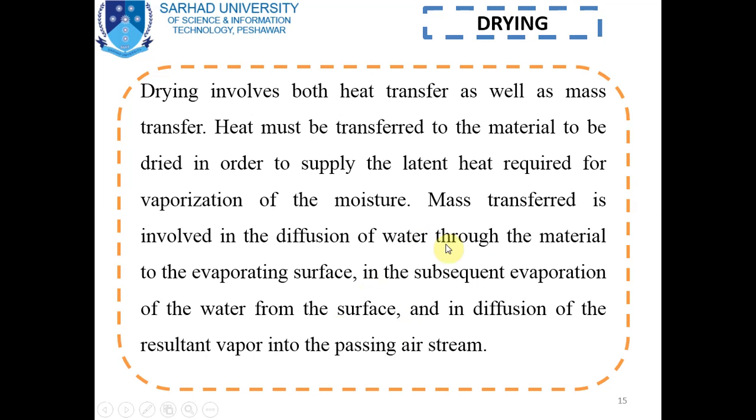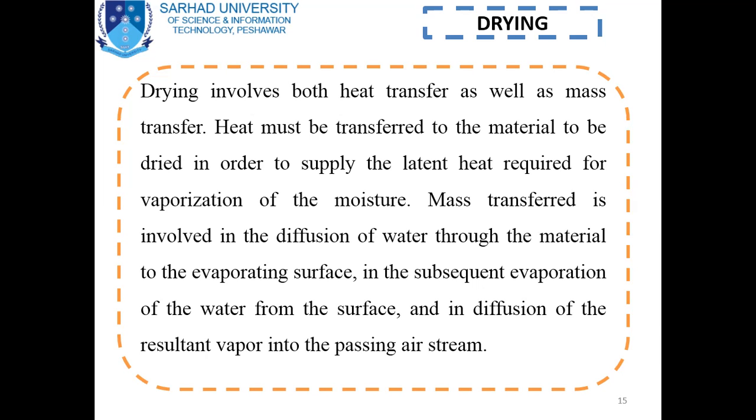From the evaporating surface the water content is evaporated, followed by diffusion of the resultant vapor into the passing air stream. That's why I say that both heat transfer as well as mass transfer are involved in the process of drying.